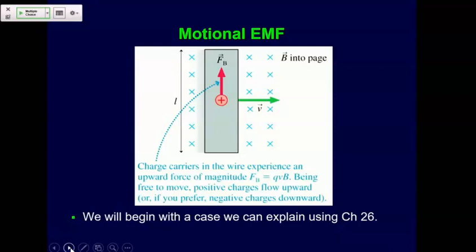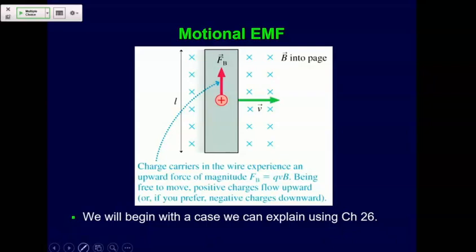So the magnetic force on a positive charge would be upwards, and that's just stuff that we talked about last week. By the same token, you can do it with the right-hand rule and say that negative charges will be pushed down. Now we know in reality it's the negative charges that are really the ones moving, but it's good to have a feel for both, because it helps you understand what's happening a little bit better.